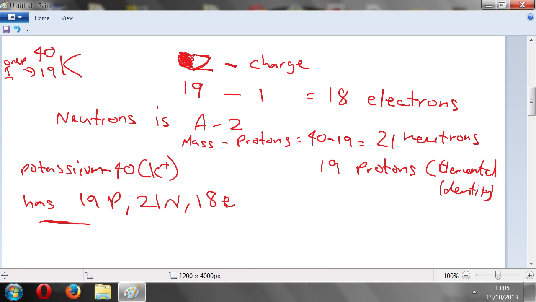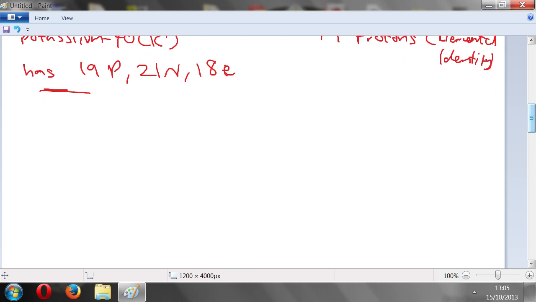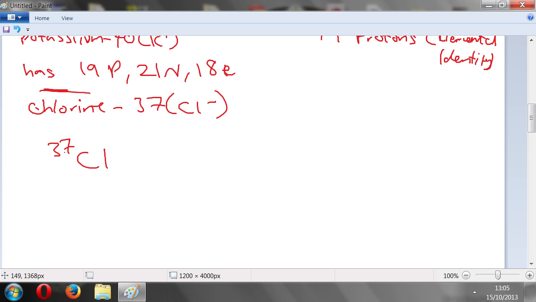Next up, we've got chlorine 37, which is Cl minus. So what do we know first of all? We know that 37 is going to be the mass, the combination of the protons and the neutrons.